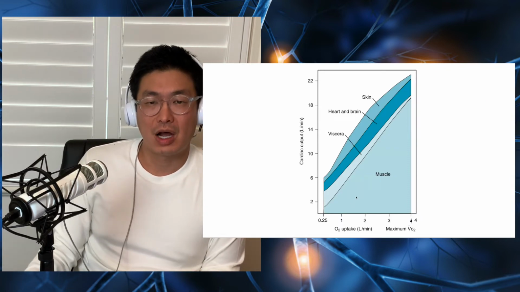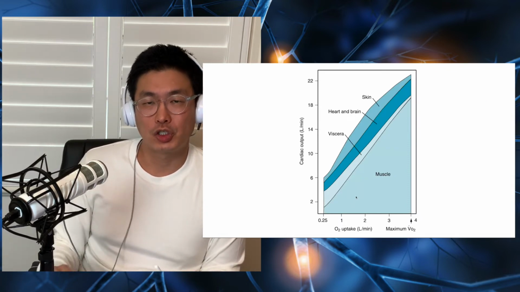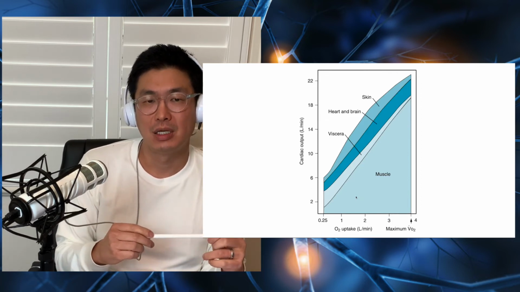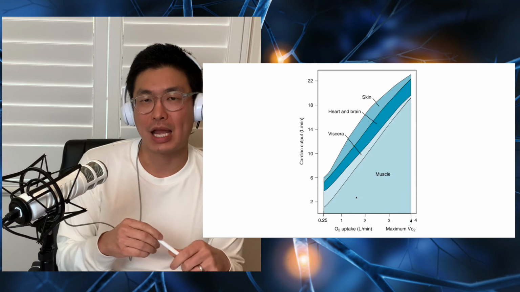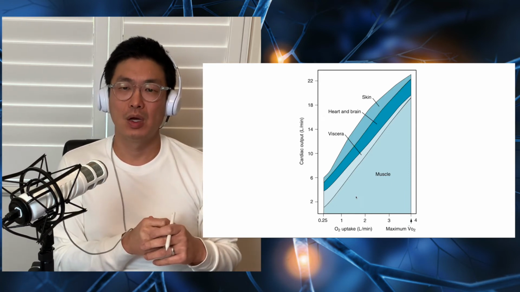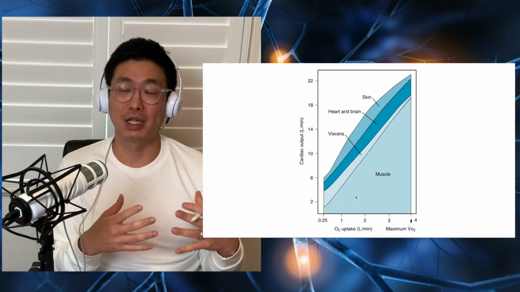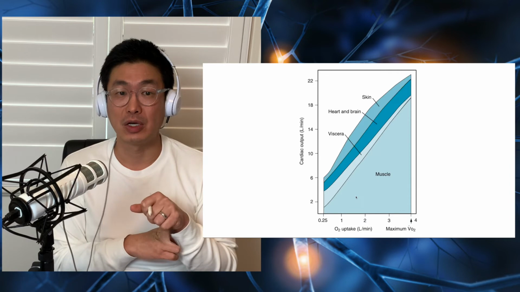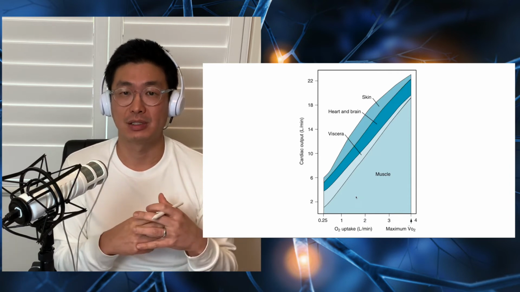Now, this diagram here just shows you how blood flow changes during exercise. As cardiac output and blood flow go to active muscles, visceral blood flow, so things like the splanchnic circulation or the renal circulation, decreases.